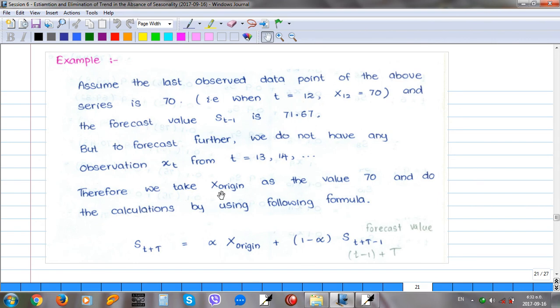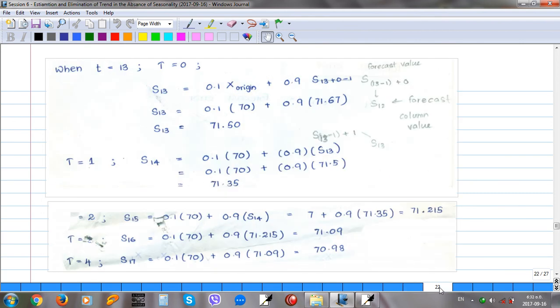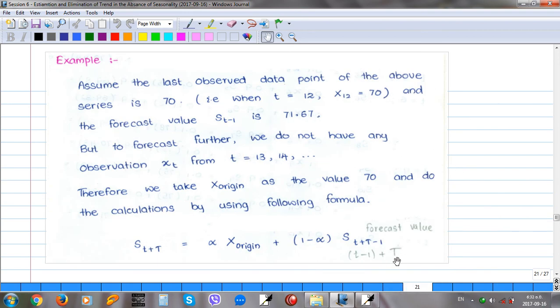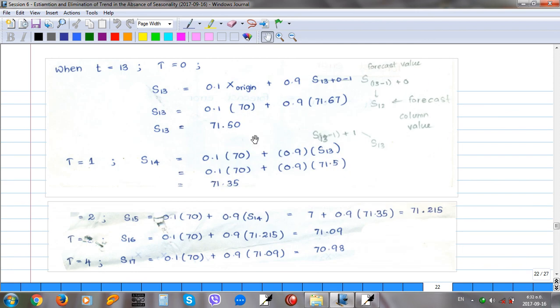Therefore we take x origin as 70 and do the calculations using the formula we discussed earlier. When t equals 13, capital T equals 0, so then you can use this formula.